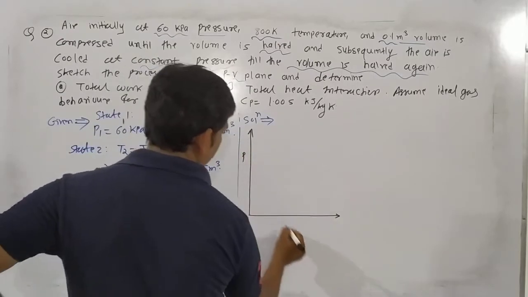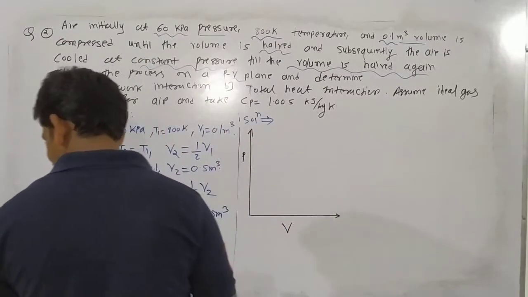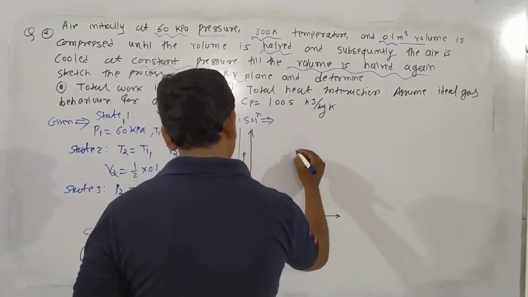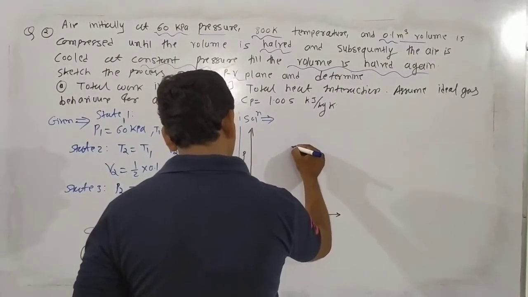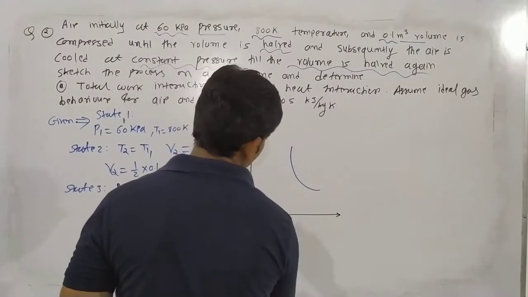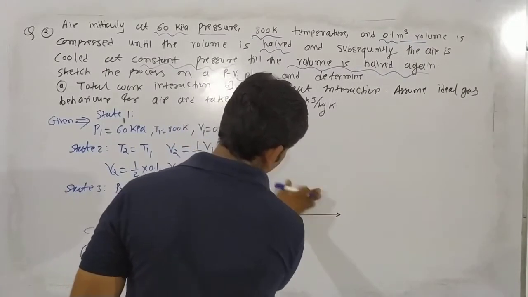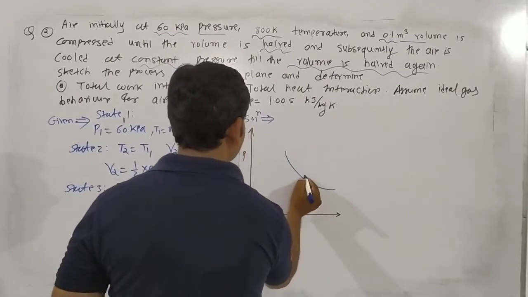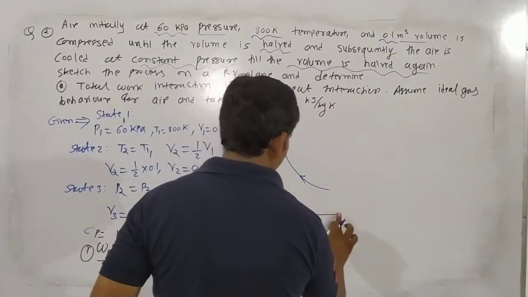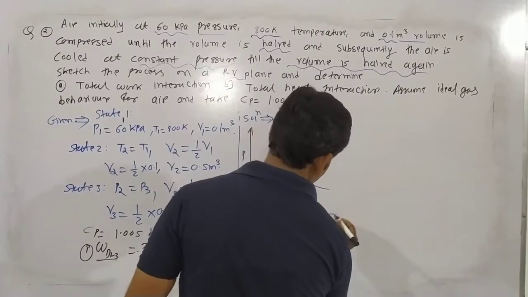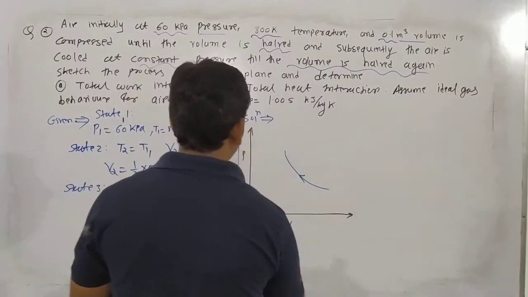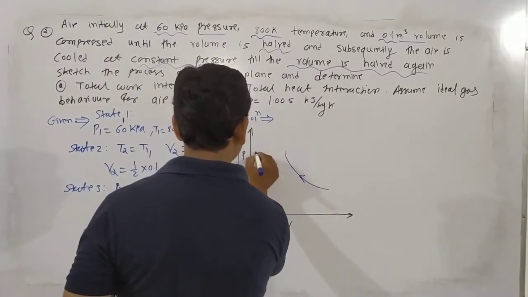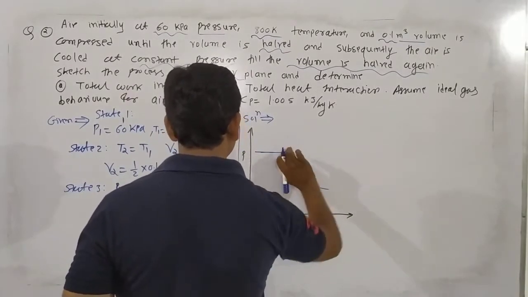This is the pressure and this is the volume. Initially, which process is it? Constant temperature. We know the graph is like that. Yes or no? Yes. Then after that, the second process is a constant pressure process, so I draw the graph in this way.